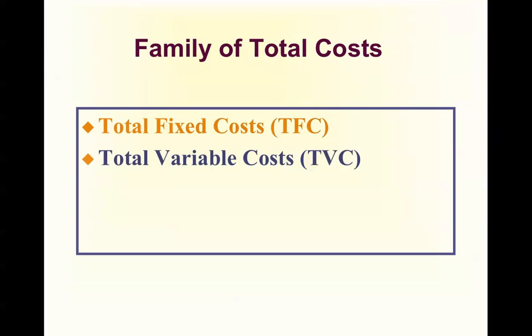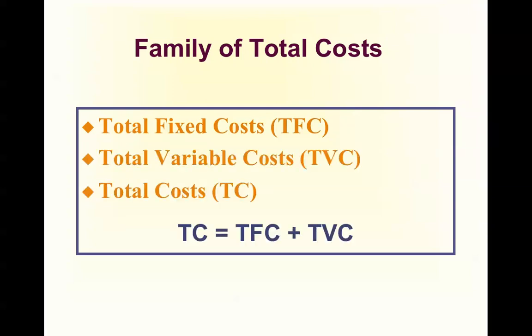The family of total costs in the short run includes total fixed, total variable, and total cost, where total cost is equal to its fixed and variable components. So a firm's costs include its rent and its labor and any other things as it operates in a short run environment or horizon.